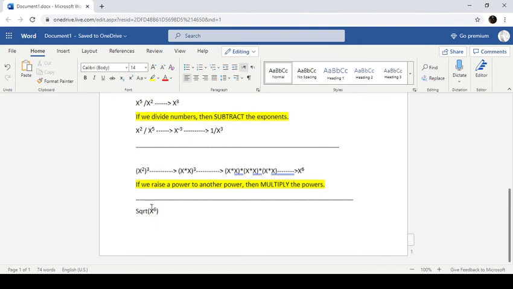So we would take the 6 and divide it by the 2. Because, again, that would be the opposite of what we're doing up here. If we raise a power to a power, we multiply. If we take a root of a power, we're going to divide. So the square root of x to the 6th, again, take the 6, divide it by the 2, part of that square root, and we get x to the 3rd.